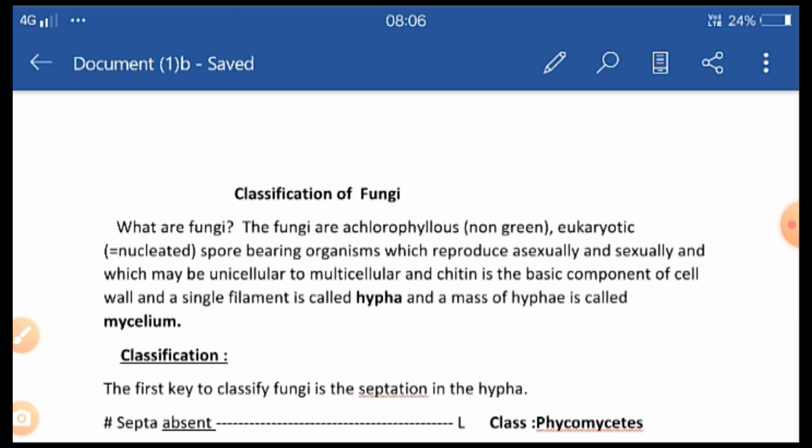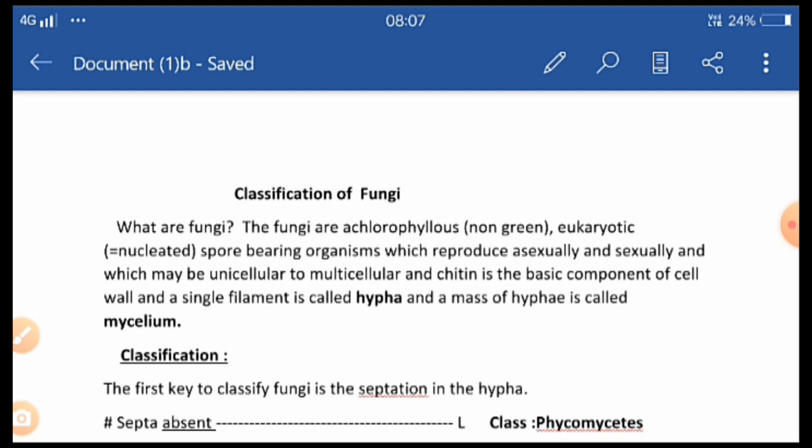Dear students, today in this video we will study about the classification of fungi. We know that fungi are non-green, they are eukaryotic, and chitin is one of the components of their cell wall.